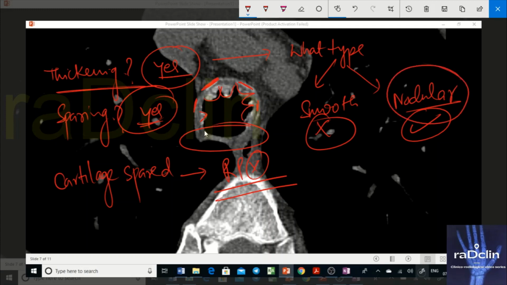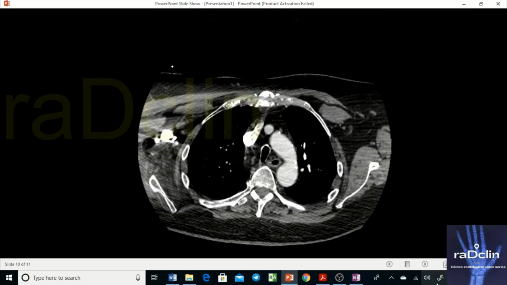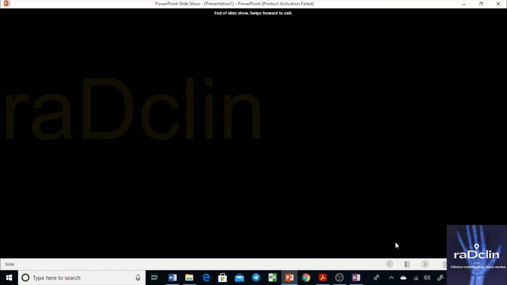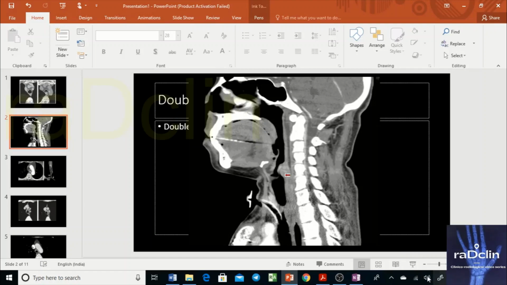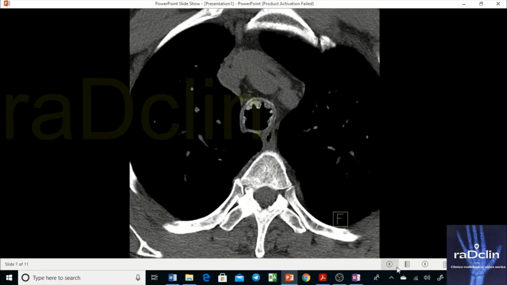Now remember this: whenever you have a nodular thickening involving the submucosal area and there is sparing of the posterior tracheal membrane, the answer is tracheo... let me write it.